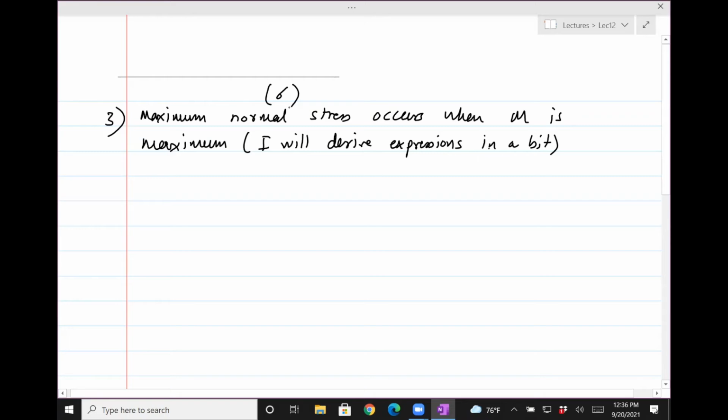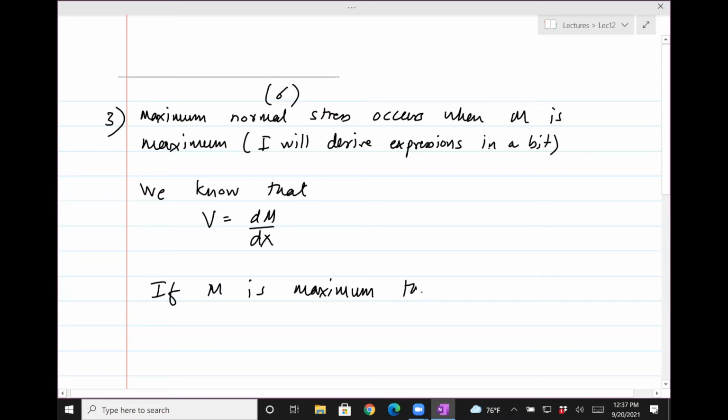If M is maximum, then we know that the shear force V is dM/dx. That's universally true, it's always true. So if M is maximum, how do you find the maximum of a quantity?